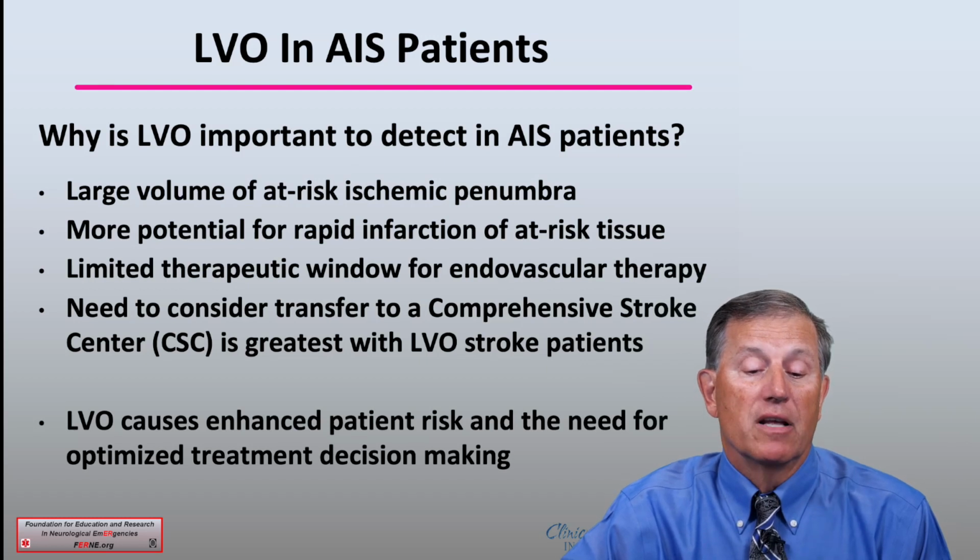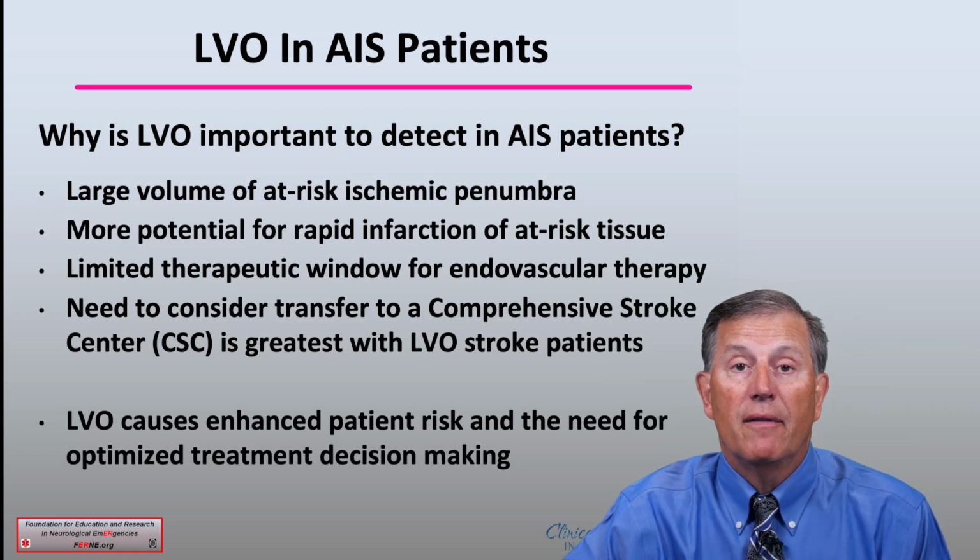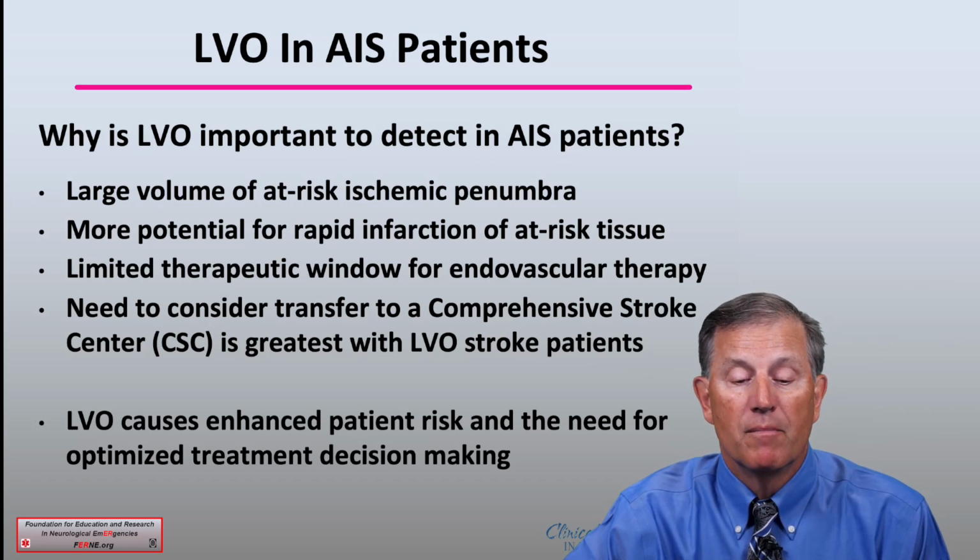We know that there's a limited therapeutic window for endovascular therapy with LVOs because the decreased blood flow and oxygenation is so severe with LVOs that there is a limited amount of time for preventing the ischemic penumbra from becoming a core or growing core infarct.